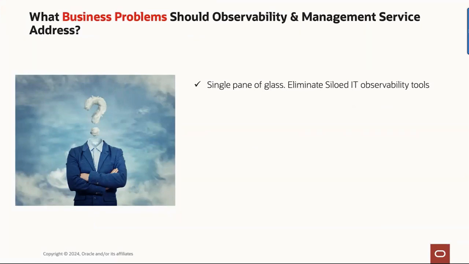But a comprehensive one should provide a single pane of glass where you can have complete visibility and control access of all aspects of your IT systems. And not only that, it should reduce your operational complexity. What I mean by reducing operational complexity is that it should offer a unified view where the entire systems, including their metrics, logs, and traces, are in one place.